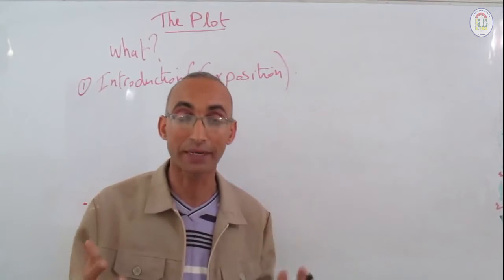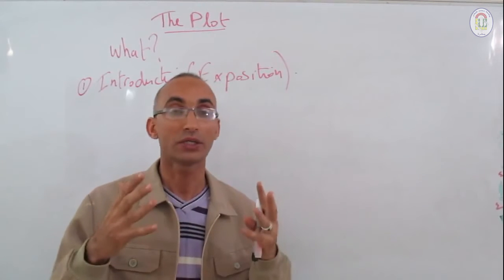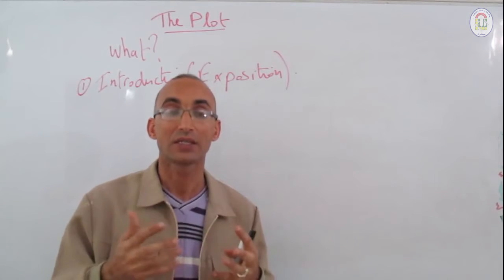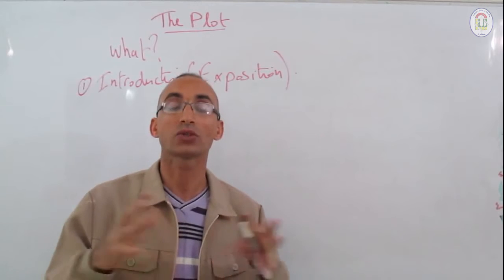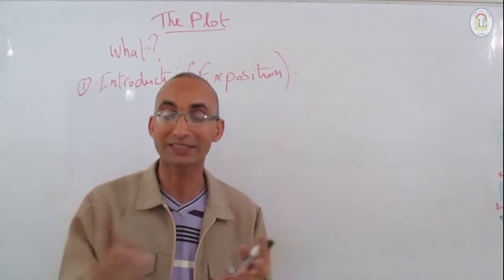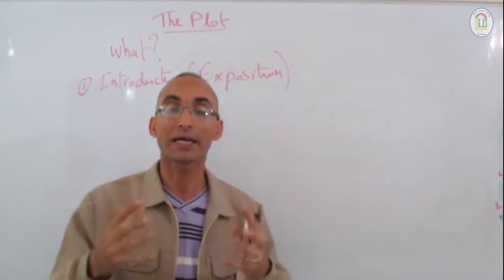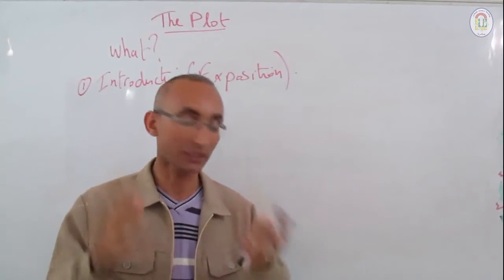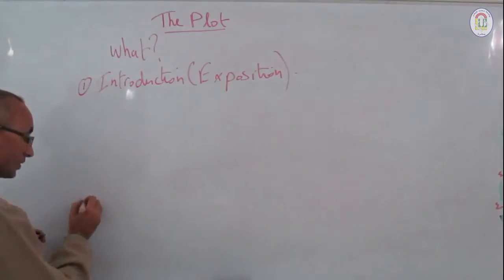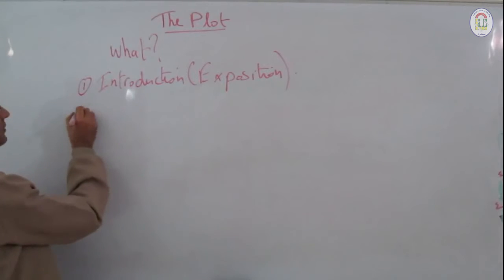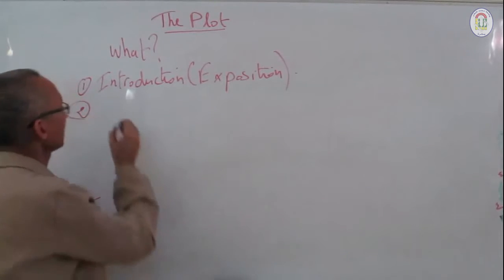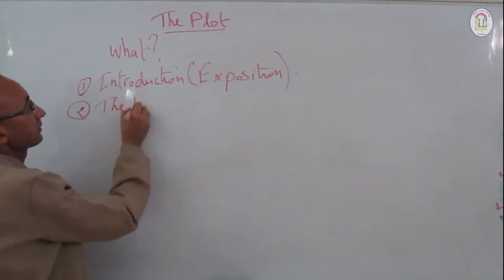But usually what makes the course of events rise is the conflict or the tension of conflict, which leads to the rise of action. So the second part of the plot is called the rising action.